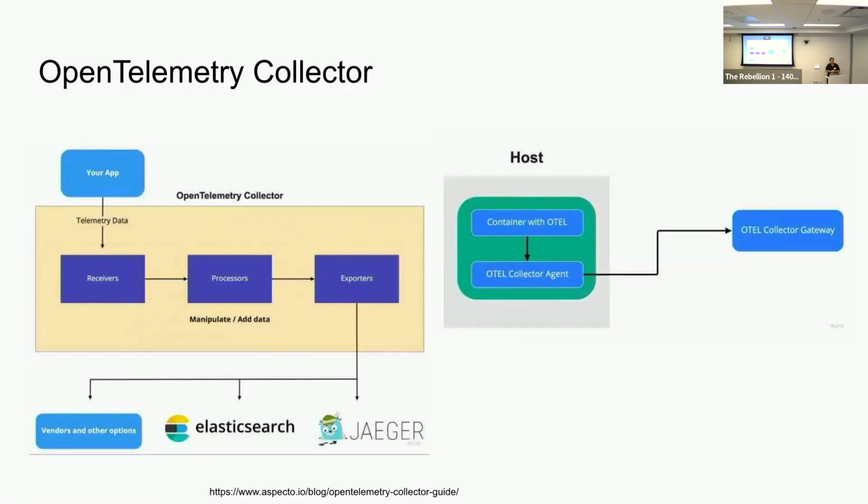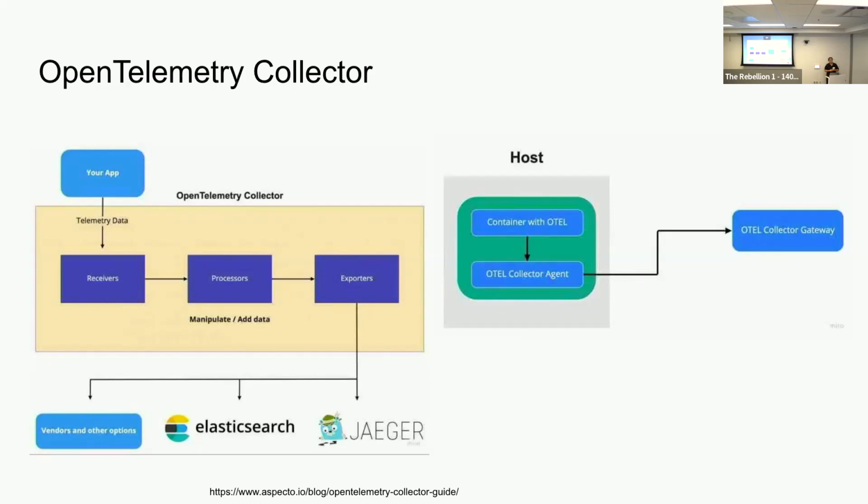The processor allows you to filter some things or make some changes to the logs, etc. And the exporter can export to different formats, so that now it's no longer vendor dependent. Jaeger has its own format, Elasticsearch has its own format, and various vendors come up with their software, but you really don't care. As long as you have an exporter for that, it's going to work.